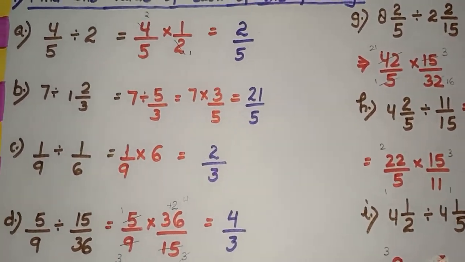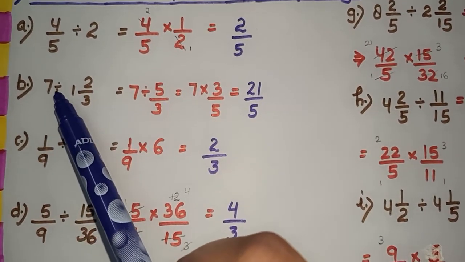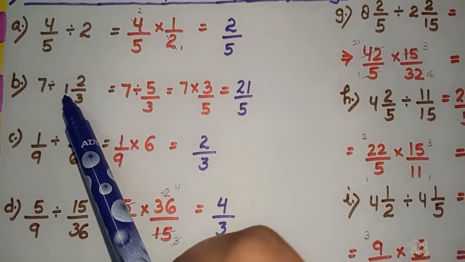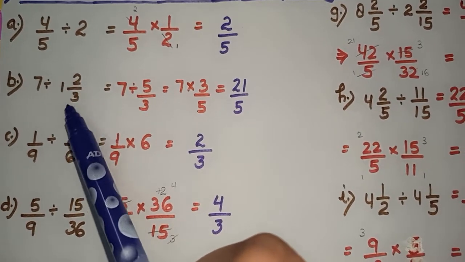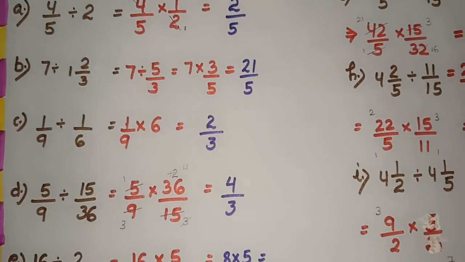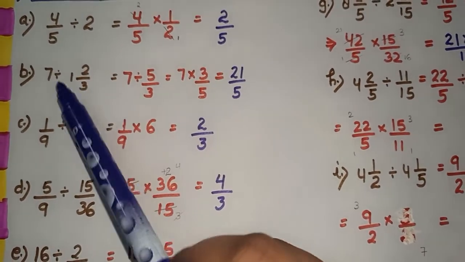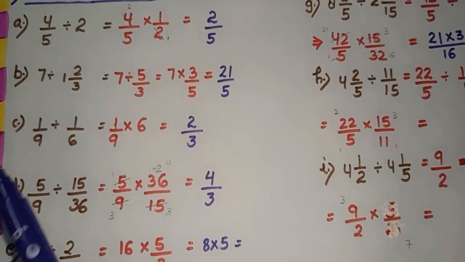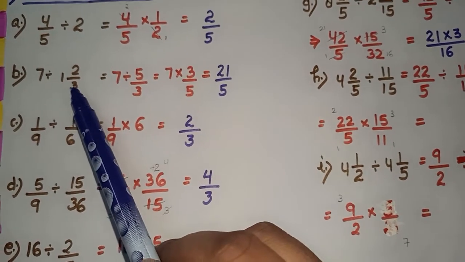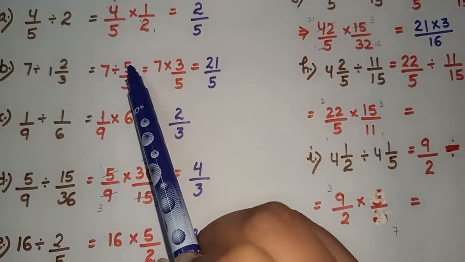Let us move on to B part. See, 7, a whole number, we have and we need to divide it by 1 2 upon 3. It means it is a mixed fraction. So first of all, we need to convert this mixed fraction to an improper fraction. How? 3 ones are 3 plus 2 will give us 5.